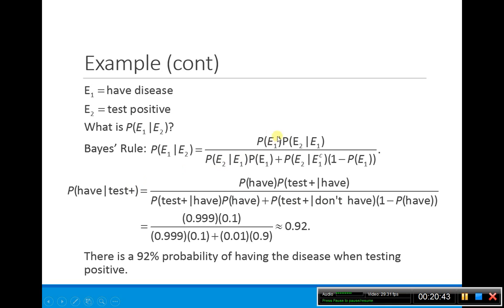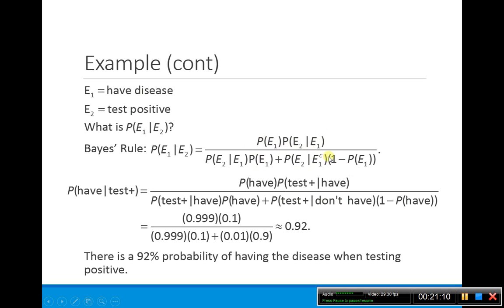So this is the probability of testing positive given you had the disease, times the probability of having the disease, divided by the probability of testing positive given you had the disease times the probability of having the disease, plus the probability of testing positive given you don't have the disease, times 1 minus the probability of having the disease.